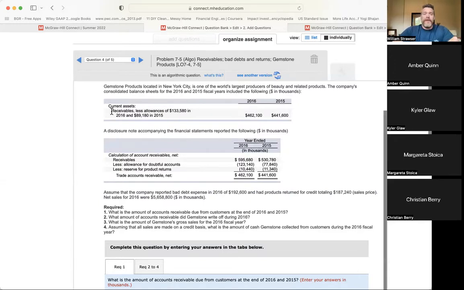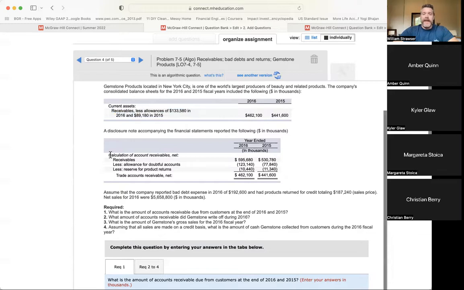For example, we got 2 balances of receivables at the end of the year, and the first thing we need to understand is that these are at their net realizable value, the value after we've subtracted off the allowance for doubtful accounts and the allowance for sales returns.